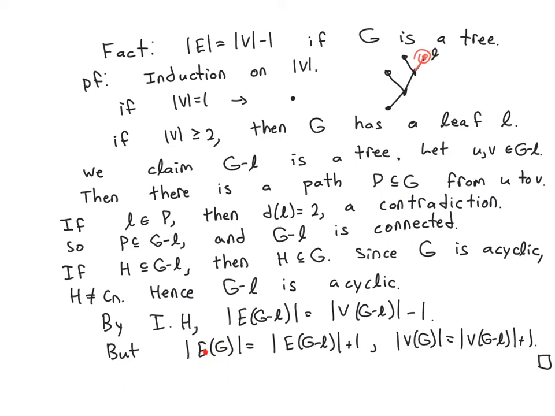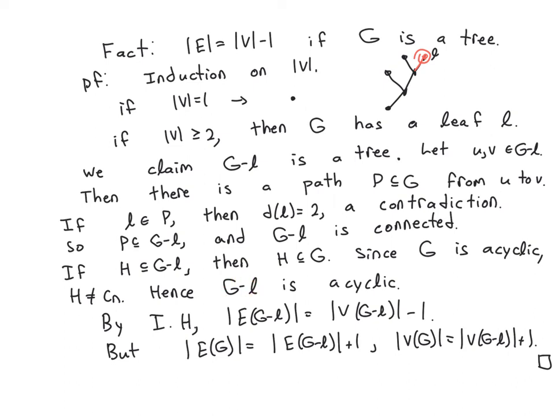So the number of edges of G is the number of edges of this deleted graph plus 1, and the number of vertices is the number of vertices of the deleted graph plus 1. So you're adding 1 to both sides, so the equality is still true. So all I need to show is that G minus L is a tree.